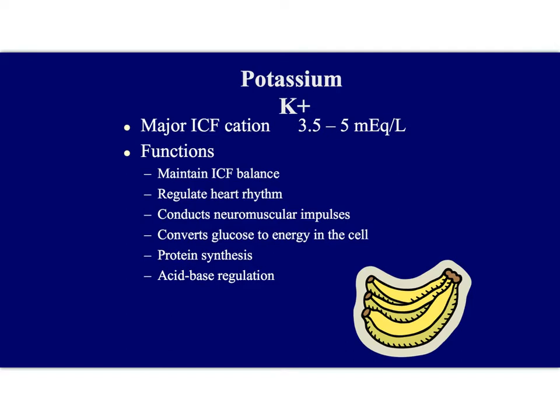Potassium is really not stored in the body very well, so we need potassium intake on a daily basis. The kidneys are the main thing that excrete excess potassium. So if someone has issues with renal function, then I'm worried about them not being able to excrete potassium and having high potassium levels.